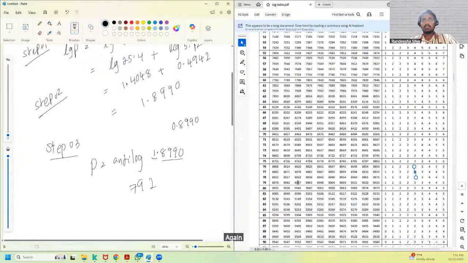Again 89, 87, then 3 is remaining. 3 is here, which is in the fourth. Not fourth, it's fifth, I think. So the characteristic is 1, then 10 to the power 1. The answer will be 79.25.